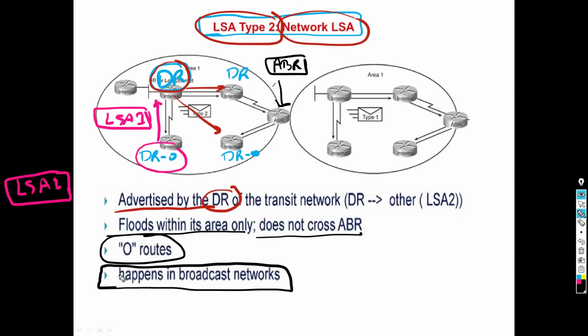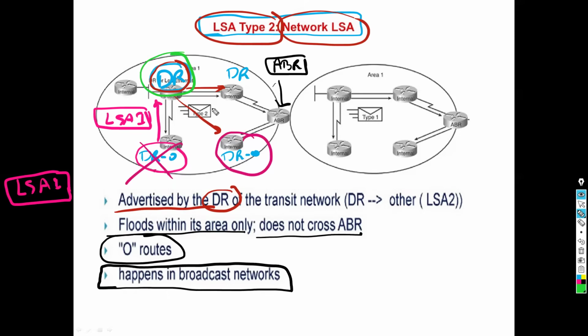Now let's talk about troubleshooting. For example, this router goes down and something happened, but this update is not available on this DR other router. It means the problem is related to the DR, because within an area we have a DR router.